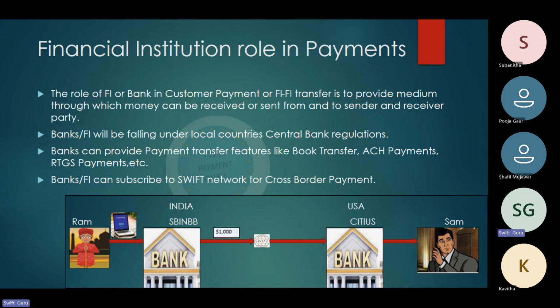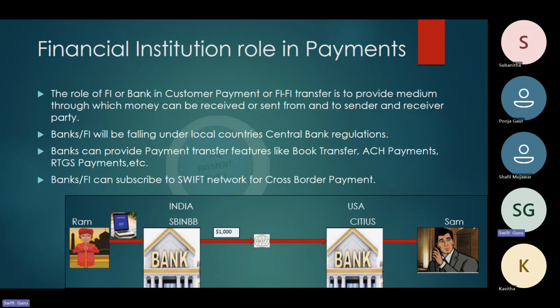For example, net banking system, they provide the information of the beneficiary customer and then they transfer. When transferring, it gets credited into the bank's account and the customer will get notified. On both sides, the bank is involved to send as well as to receive the money into the respective accounts. This is the role of the financial institution in payments.